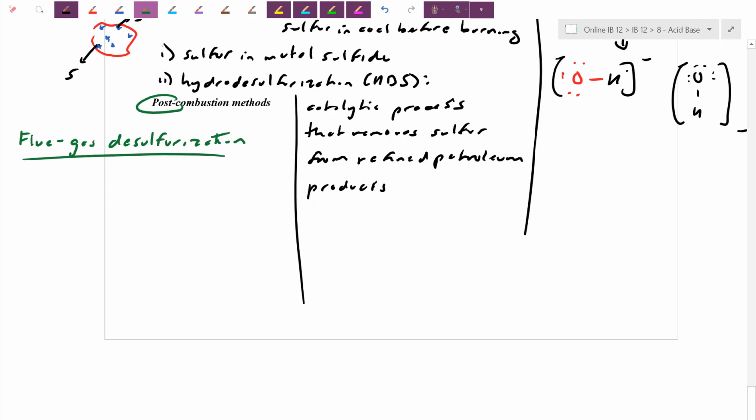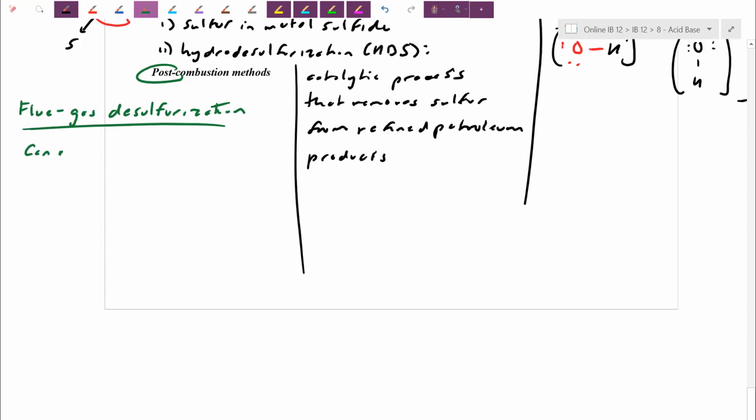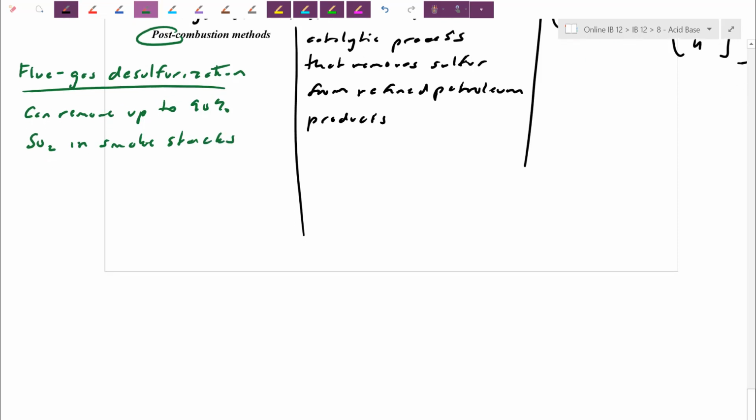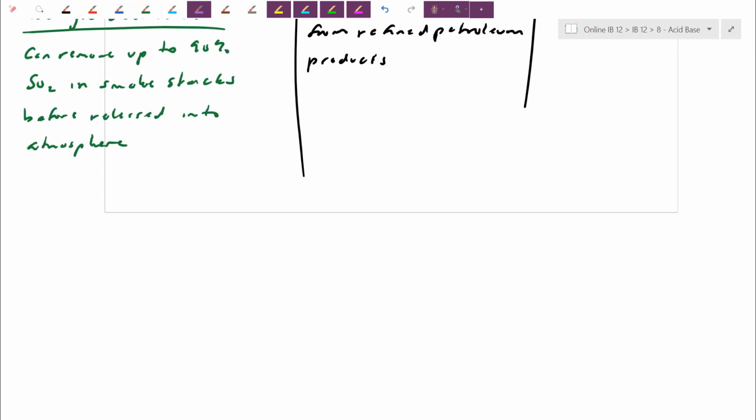This one, flue gas desulphurization, is found to get rid of up to 90% of SO2 in smokestacks before they get released into the atmosphere. Again, that's an after-burning method. We purified all the sulfur as much as we could, and now some of it is still leaching out as SO2. So let me just show you these reactions here.